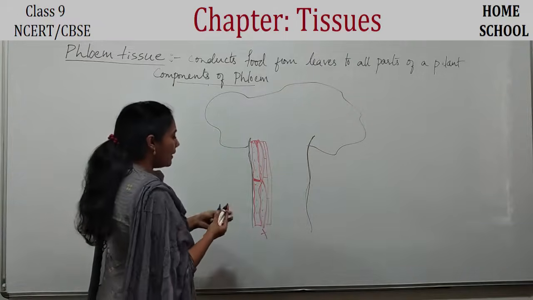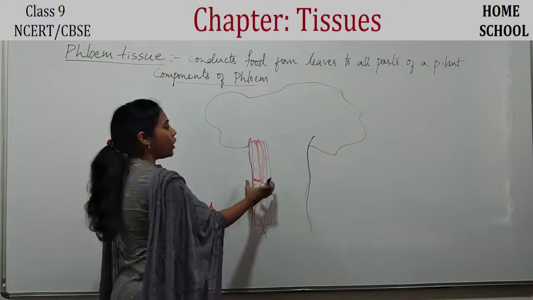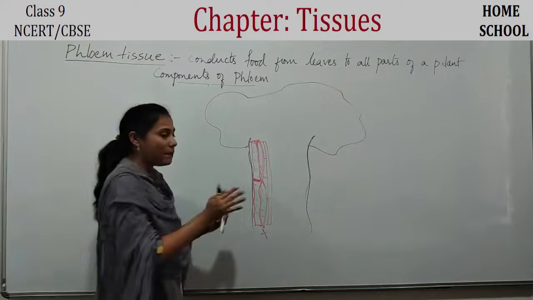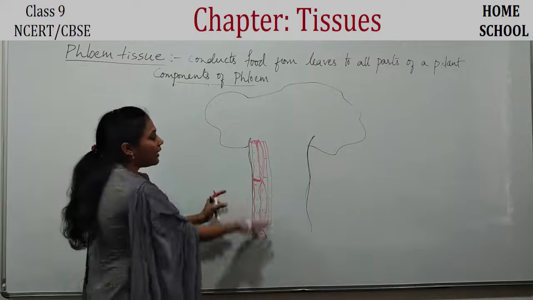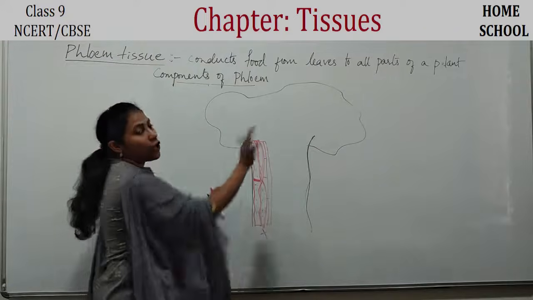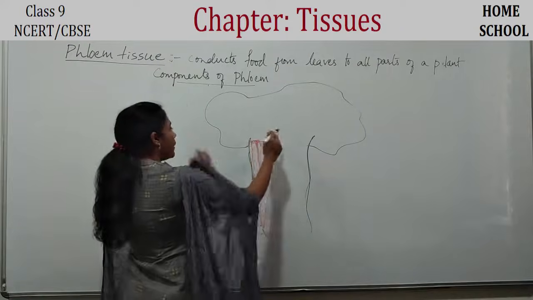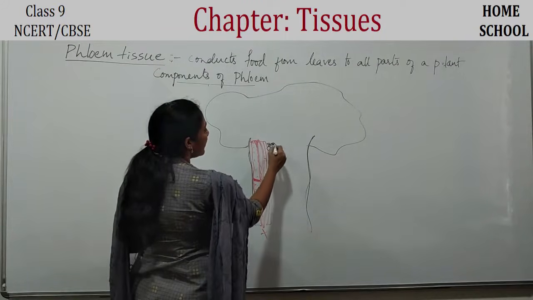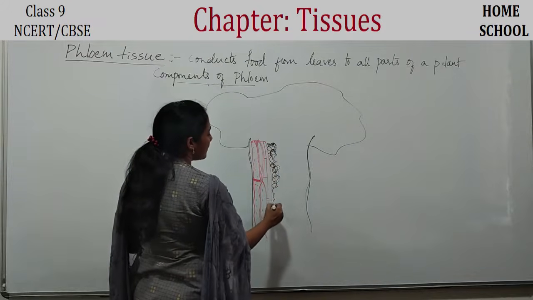Okay, say this is the xylem tissue where you have all the 4 components, which is there right from roots to all parts of a plant. It runs, it goes, it forms a channel, and it is present in almost all the parts of a plant like this. Okay, and here you actually have a tissue. In between xylem and phloem you have certain cells.